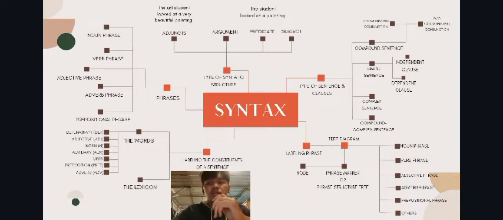Sentences that have two or more independent clauses and at least one dependent clause are called compound-complex sentences. For example, when the teacher assigned the reading for the exam, many students were stunned, but they agreed to study. When the teacher assigned the reading for the exam is a dependent clause.